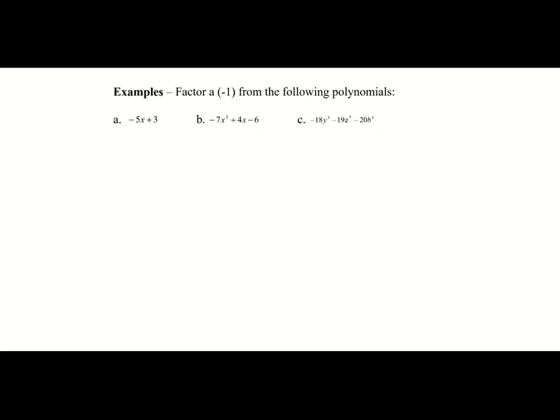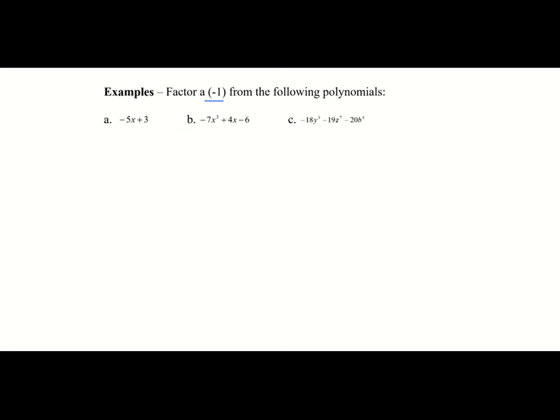If it's a negative like 2 or 3 as the GCF, you can pull that out. But if the greatest common factor is 1, to help you with other things, you want to keep that leading coefficient positive. So you want to factor out a negative 1. And really what factoring out a negative 1 will do is change the signs of everything on the inside. It'll take the opposite of it.